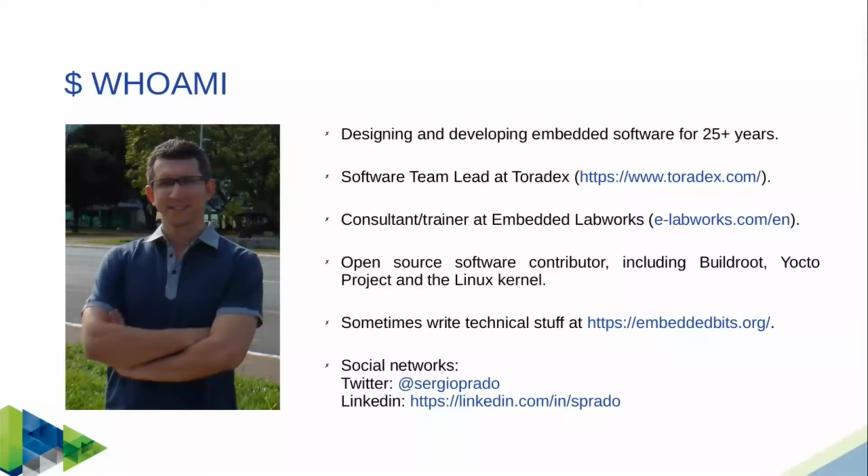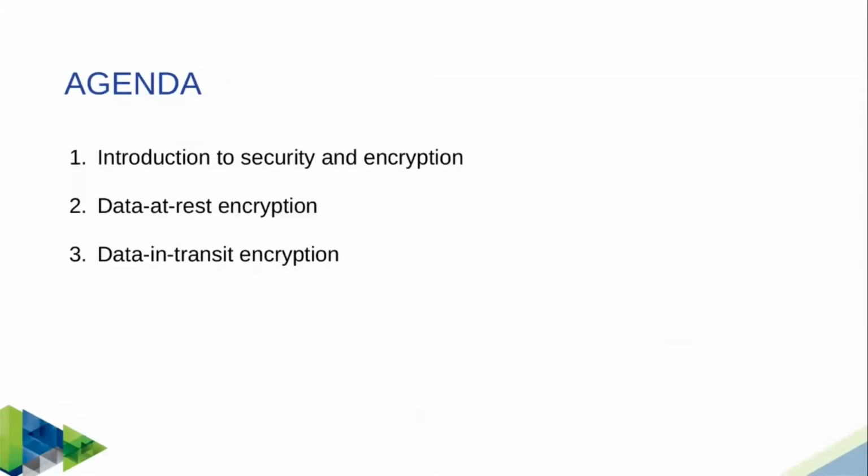This talk, the agenda for this talk, has 3 topics. We're gonna start with some introduction on security and encryption. Then we're gonna have basically 2 big topics on encryption. One focused on data at rest. That means encrypting data stored on devices like NAND flash, eMMC, hard disk.